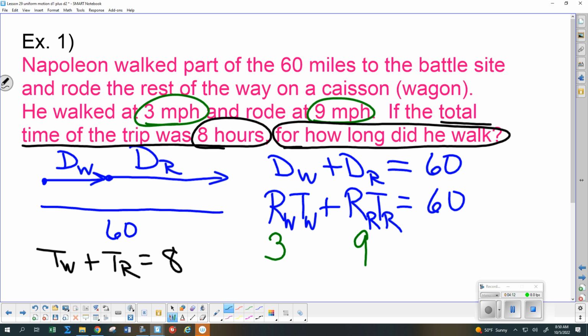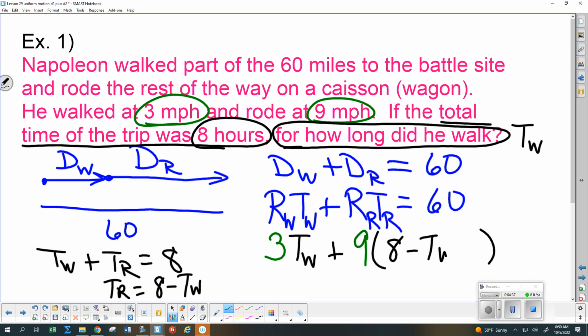The only thing that it's asking me to find is the time walking. So I want to make sure that one stays in my equation. So when I do my algebra, I end up with TW equals and I can be done. So I'll keep the TW right here. But then I will change TR to 8 minus TW. And that has to equal 60.